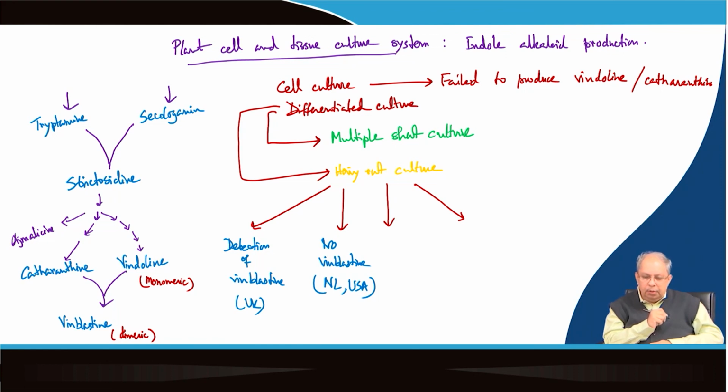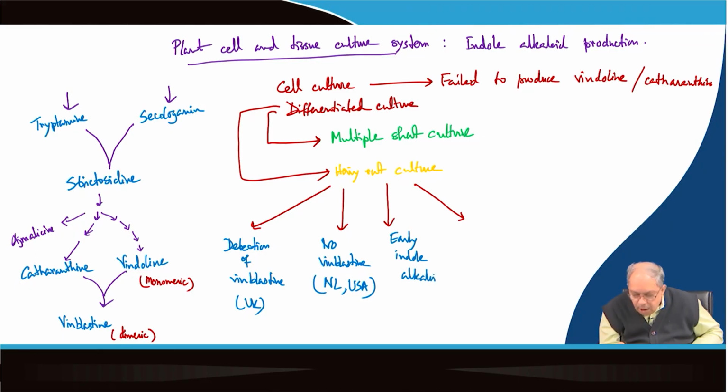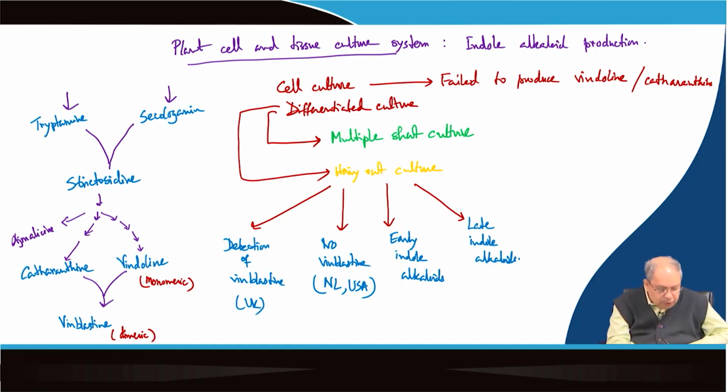Okay. But then what have they found in hairy root cultures? Hairy root cultures are capable of producing some of the early indole alkaloids, and also a few late indole alkaloids of the pathway, like tabersonin. So, where will tabersonin come? Tabersonin will come here.